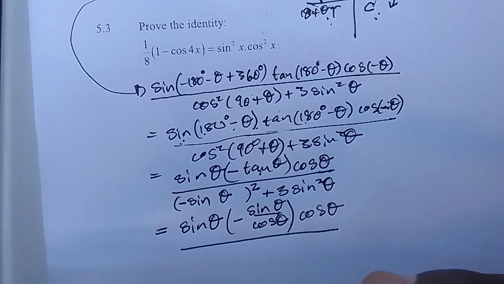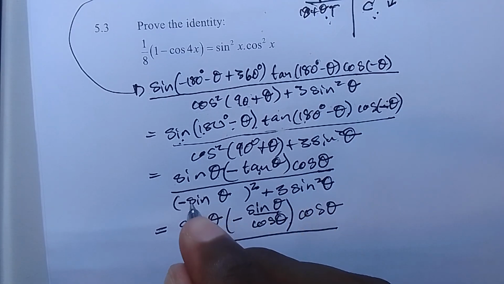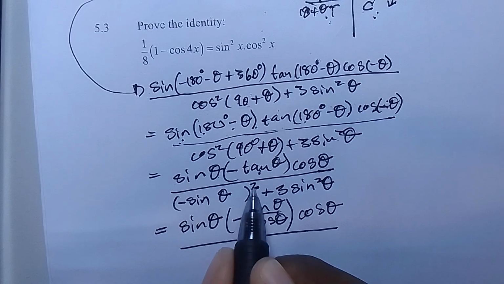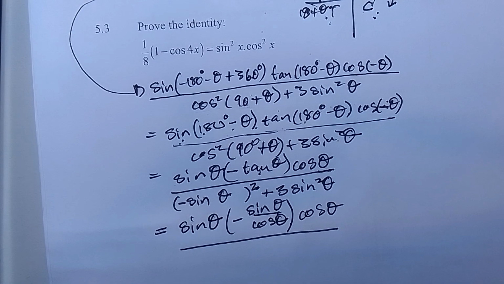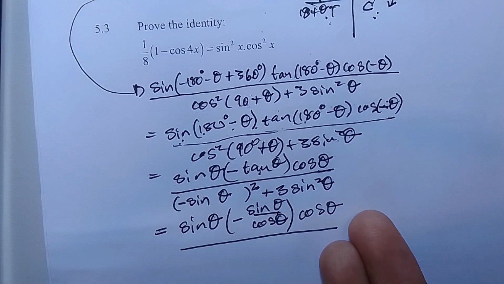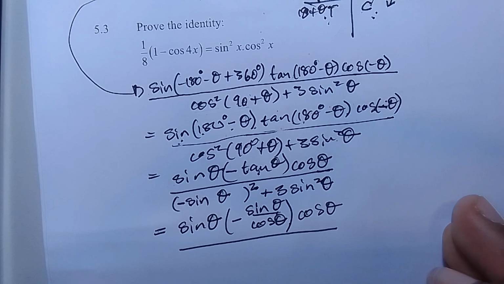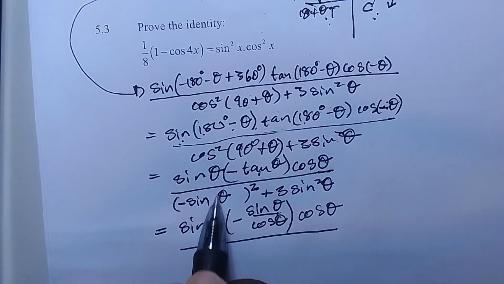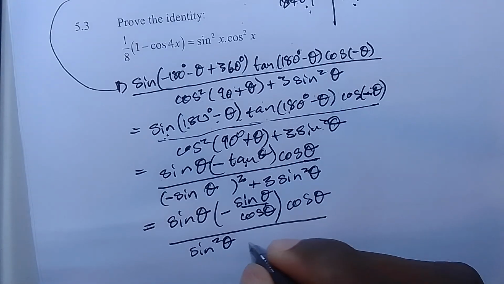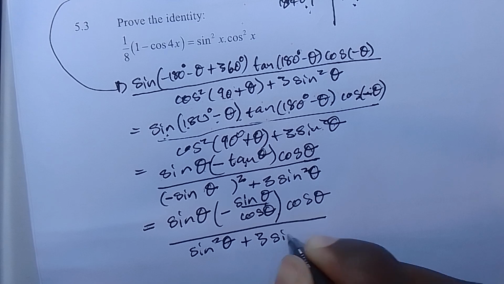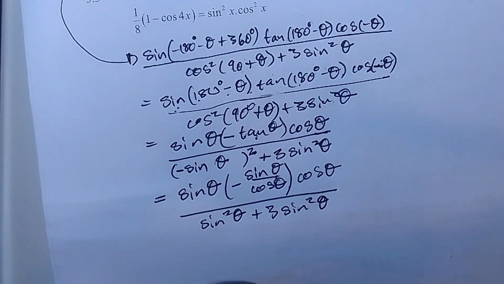And then at the bottom, this is squared. If anything is squared, it's the same whether it's positive or negative, right? So 2 squared is the same as negative 2 squared. So this is sine squared theta plus 3 sine squared theta.